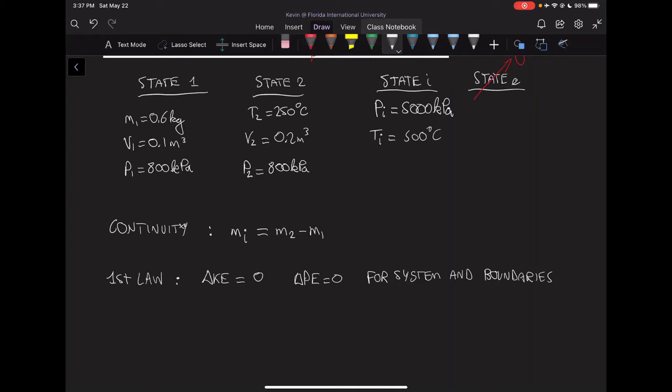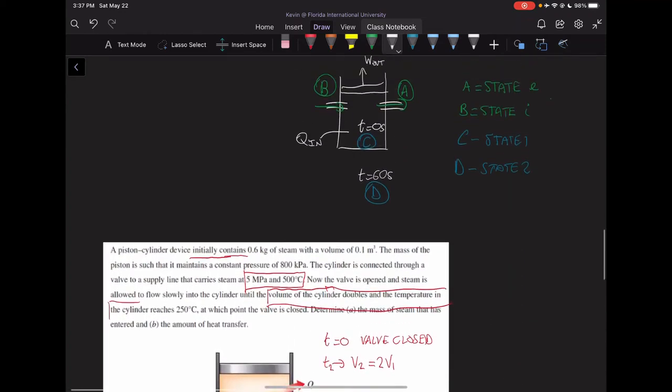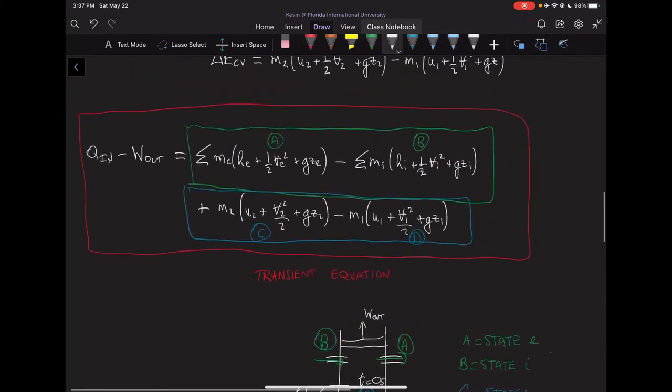So moving forward from that, we can simplify our whole equation a little bit more. So we're going to be using this full equation at the top here, the full transient equation, and writing it out.